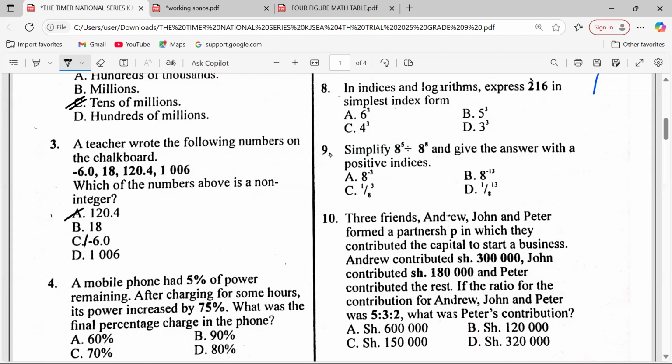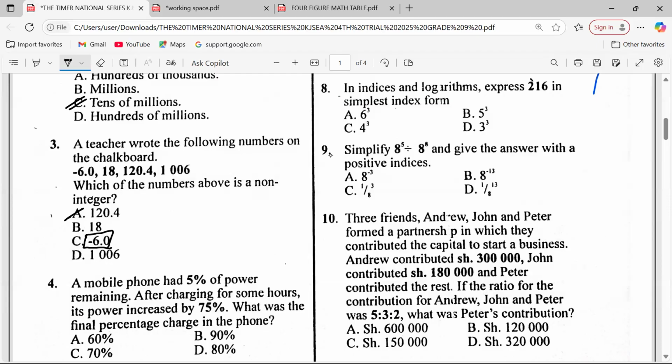And according to this, which is also a decimal, I think their argument is that negative 6.0 is the same as negative 6, though they should know that according to errors and approximations, negative 6 is not the same as negative 6.0. When you include a 0.0, that is an accuracy of 0.1, which really represents something.